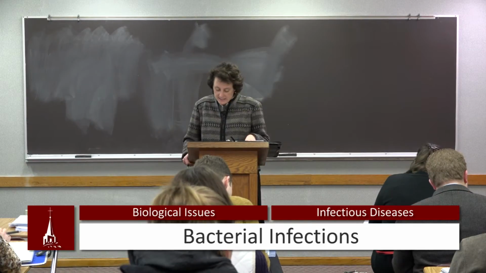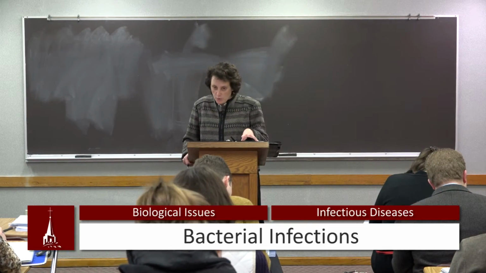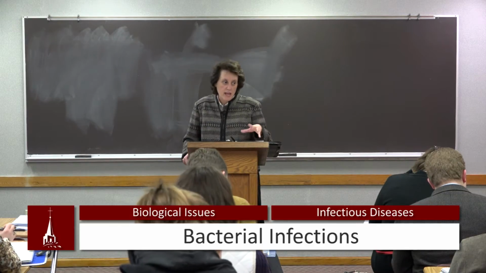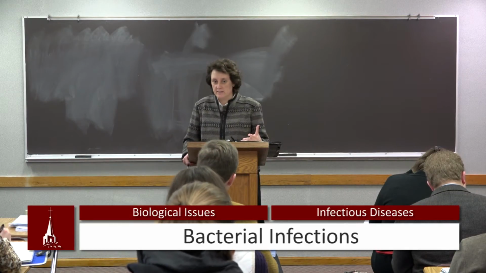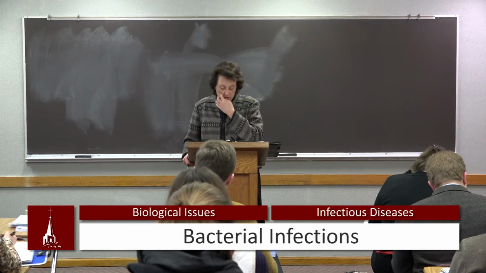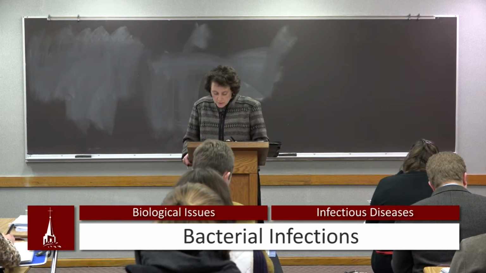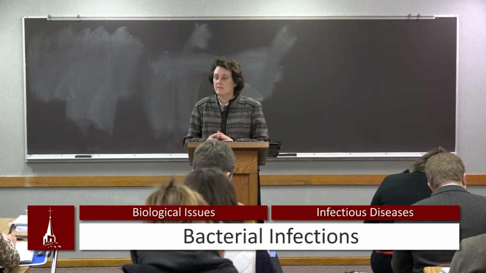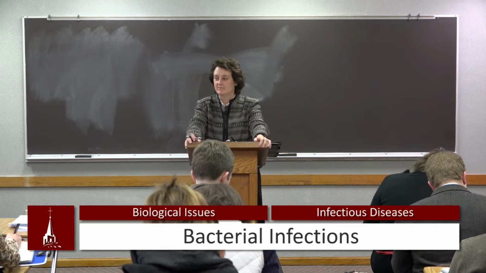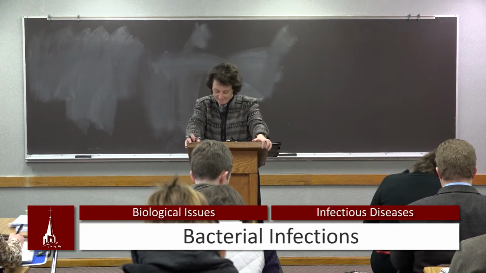Preventative: cleanliness. That means both food handling and preparation, and sanitation, hand washing, but also proper disposal of sewage. Treatment: what is the main treatment of a bacterial infection? Antibiotics.